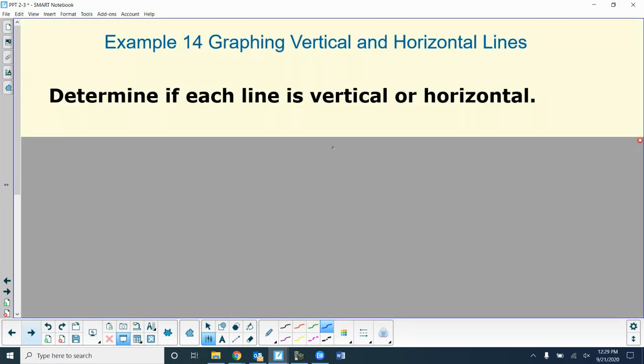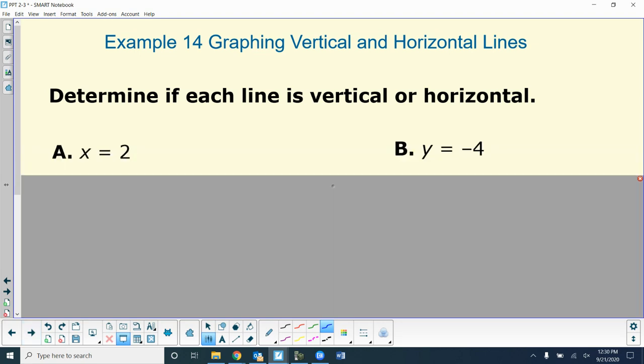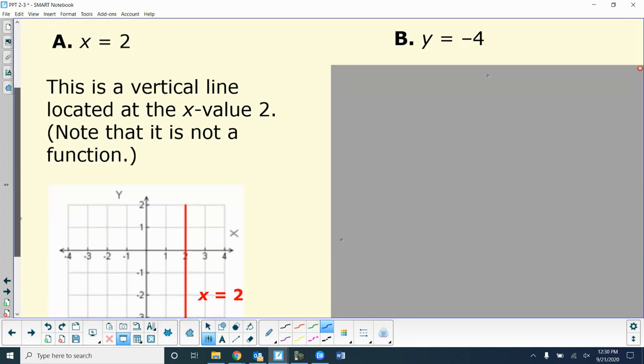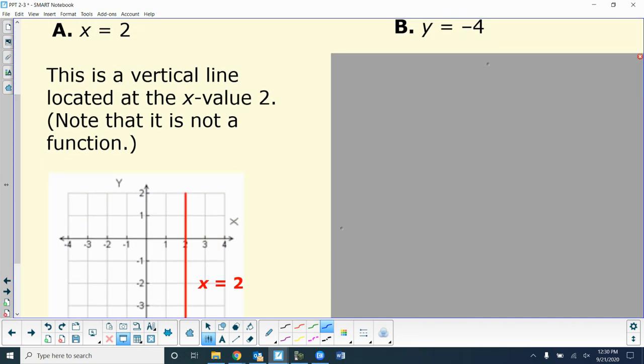So what kind is this? Vertical. So it's a straight line, vertical line through what number? 2. So it looks like that. Okay? Y equals negative 4 is the opposite, so that's a horizontal line through what?